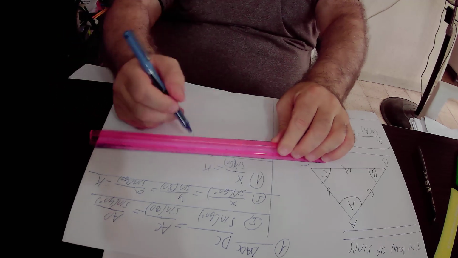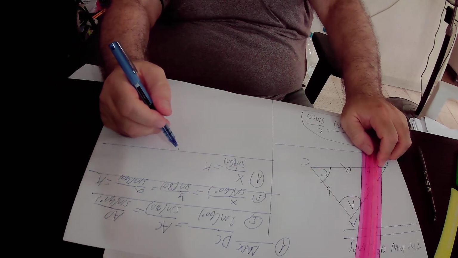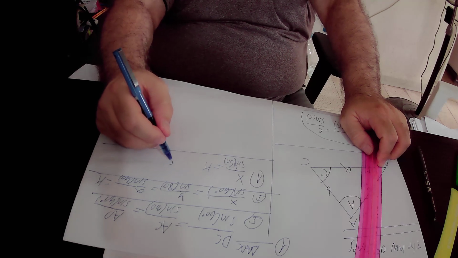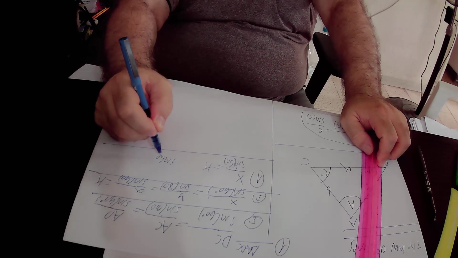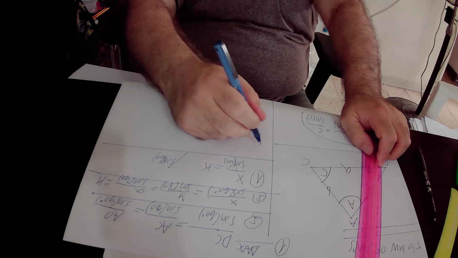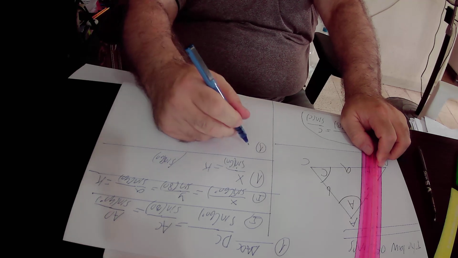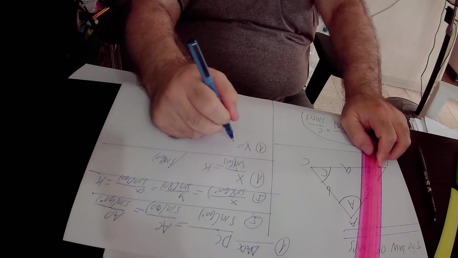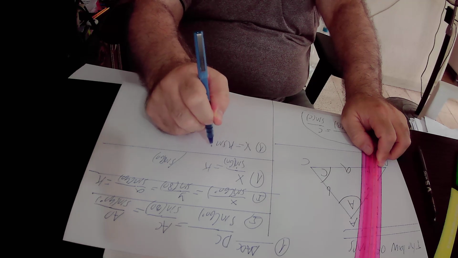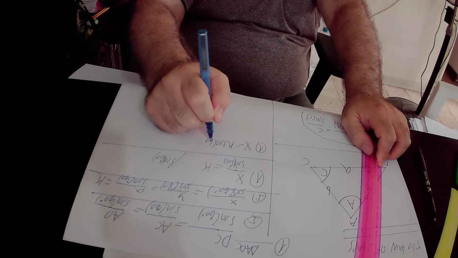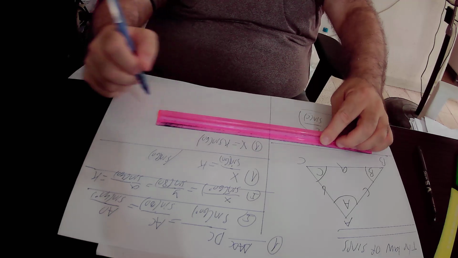Here we will multiply equation number 1 by sine 60 degrees, and we get x equals k times sine 60 degrees.